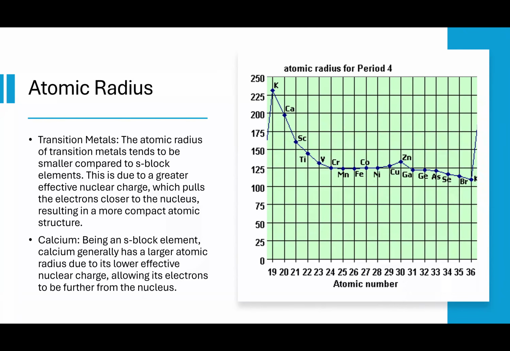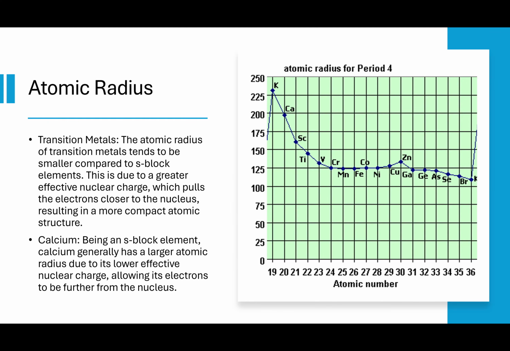All right, atomic radius. The atomic radius of the transition metals tends to be smaller than the s block elements. We know that atomic radius increases as we go across the periodic table, therefore this shouldn't be an issue. This is due to the greater effective nuclear charge, Z effective. You will learn how to calculate that at a higher level of chemistry.